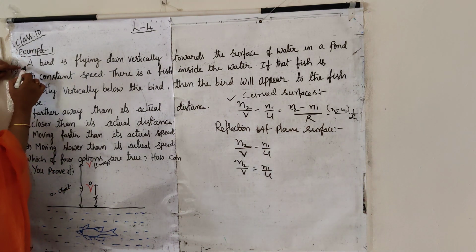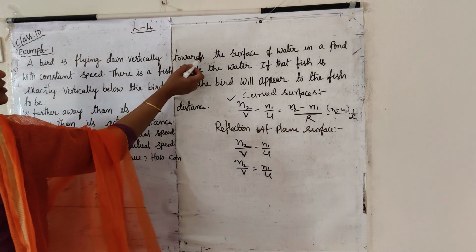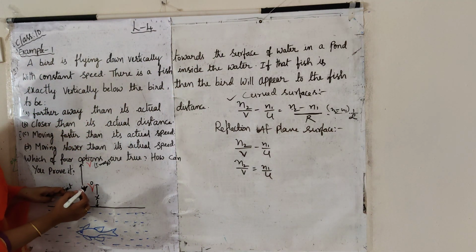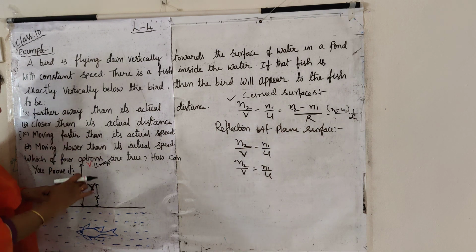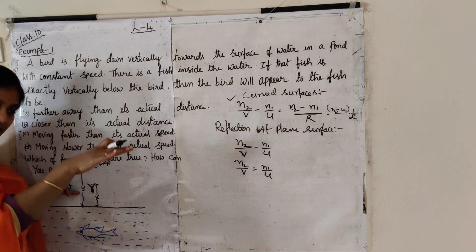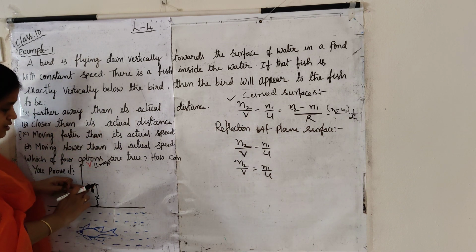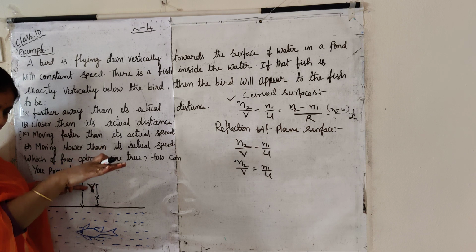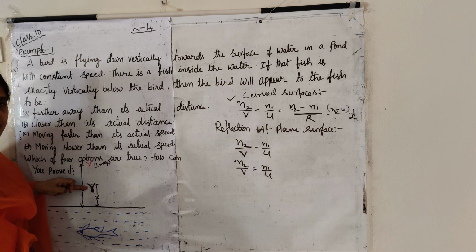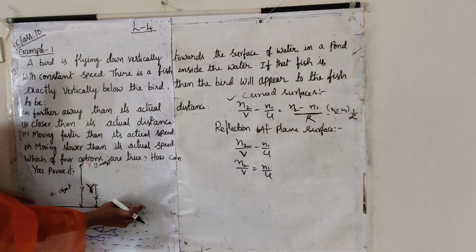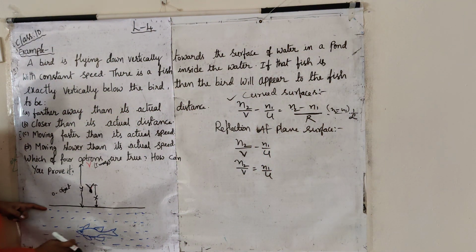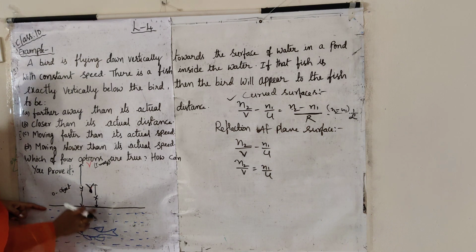A bird is flying down vertically towards the surface. I don't know how to draw the bird, I just simply drew the bird shape like this. This is a bird, flying in the air, moving vertically downwards towards the surface of water in a pond. This one is the pond.